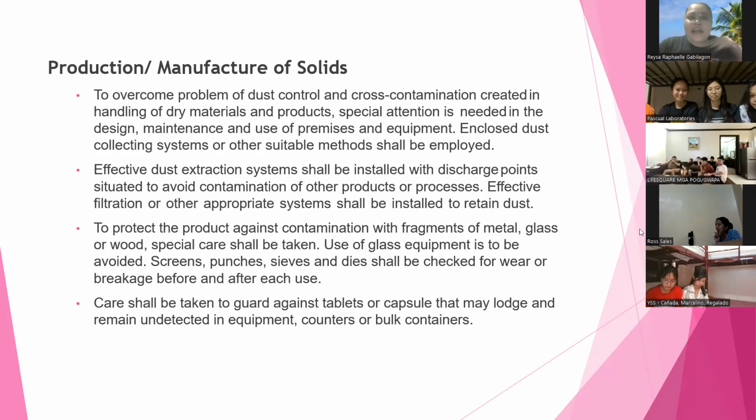Okay? Now, to protect the product against contamination with fragments of metals, glass, or wood, special care shall be taken. So, most of the time, we avoid using glass equipment because if it breaks, it becomes a contaminant in our product. And before we use materials like screens, our sieves, which we use for sieving our powders, we have to check them first. Maybe they were not cleaned properly.